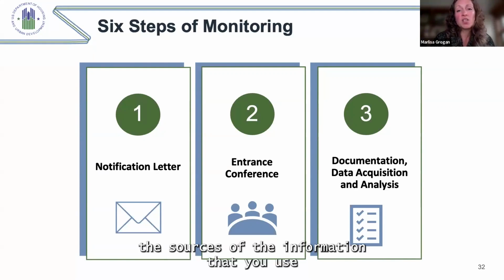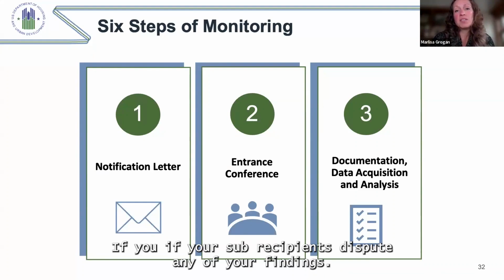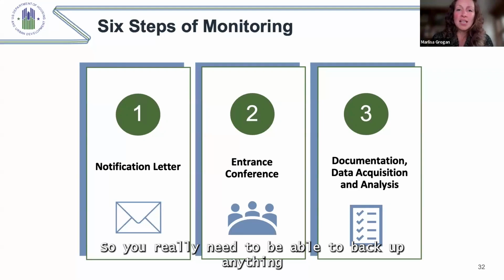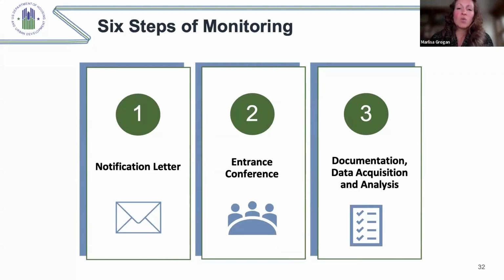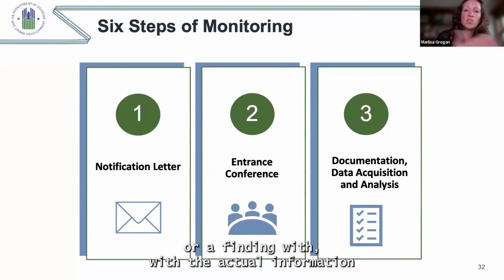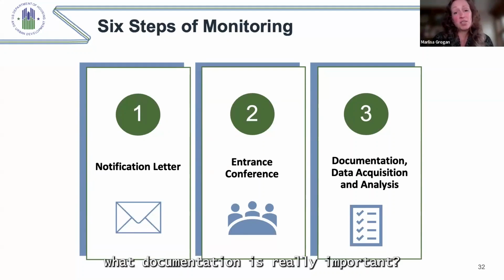Being able to identify the sources of the information that you use to arrive at your monitoring conclusions is really important if your subrecipients dispute any of your findings. So you really need to be able to back up anything that you are stating in your monitoring exhibits or a finding with the actual information and documentation, like where you got that documentation, who said what. Documentation is really important.